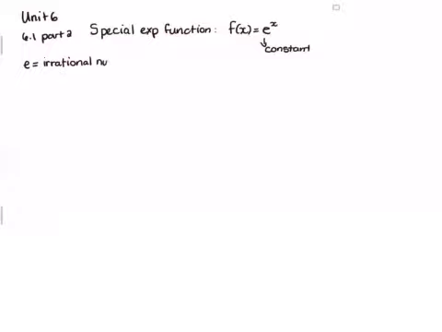So e is an irrational number like pi, which means you can't write it in a fraction form, and even in decimal form you can't actually write the whole thing because it goes on forever and it has no pattern. So you can't put those dots on top to say it forms a pattern. It doesn't. Okay.